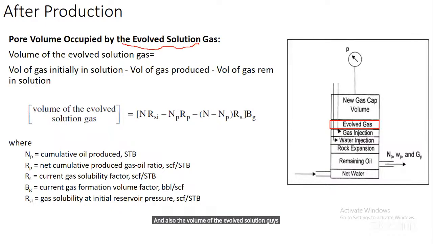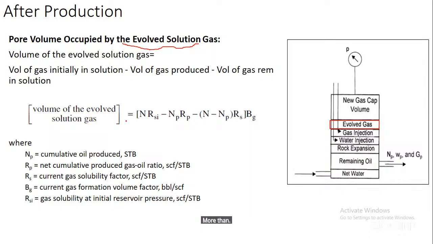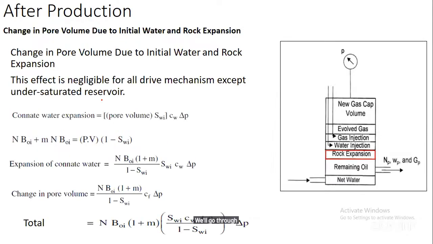I'll go through these equations quickly to start the material balance model. And here is the equation of the volume of the evolved solution gas. After that, you would have the net influx, and here is its equation. And we have different models of aquifer. We will go through them in the IMBAL.